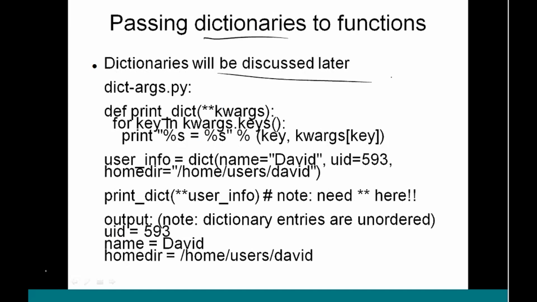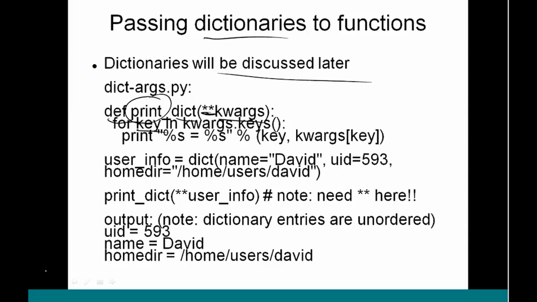But here in this one, we have this particular function called print, and then we specify 2 stars and then the kwargs. So this is the keyword argument.